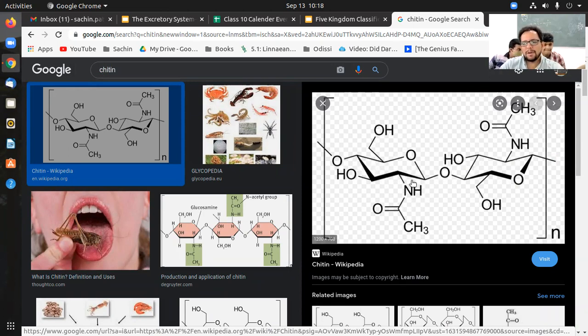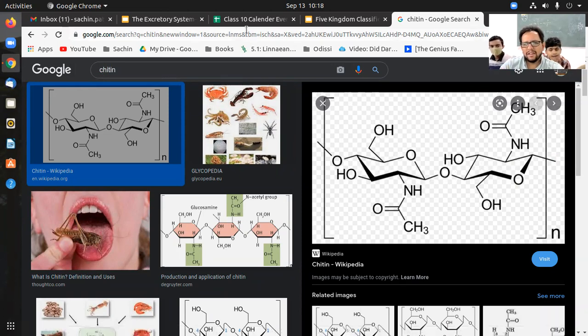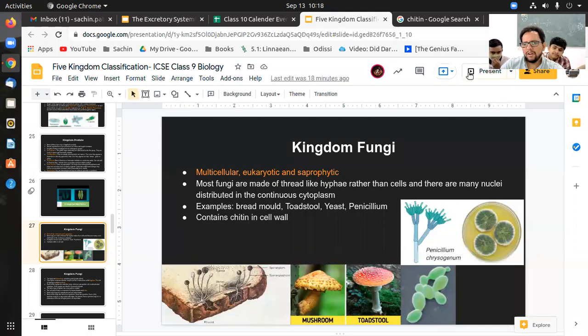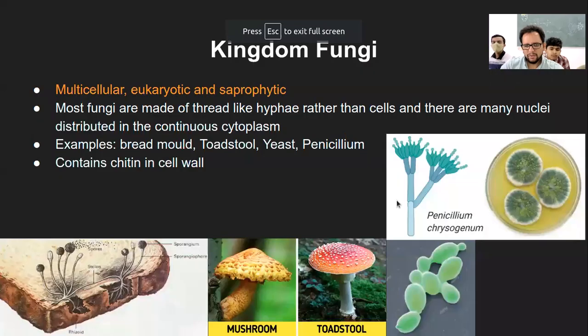There are multiple of these units, and it's like a polymer. So that's the structural information of the chitin molecule. That's one of the major differences between the other eukaryotes and the fungi. What is the purpose of it? It's a component of the cell wall.